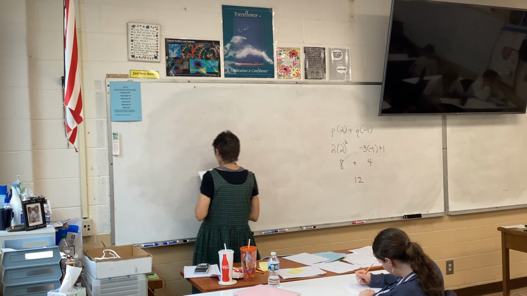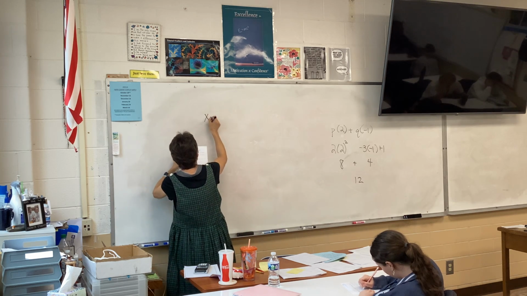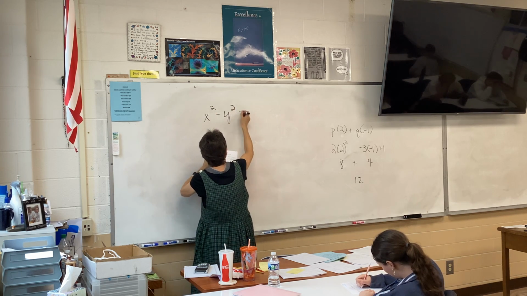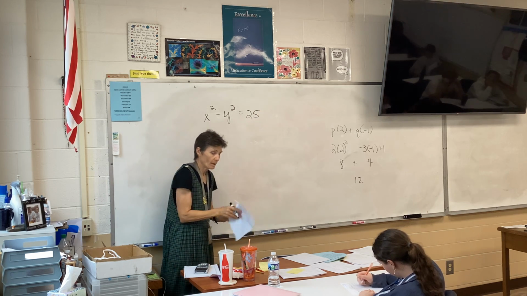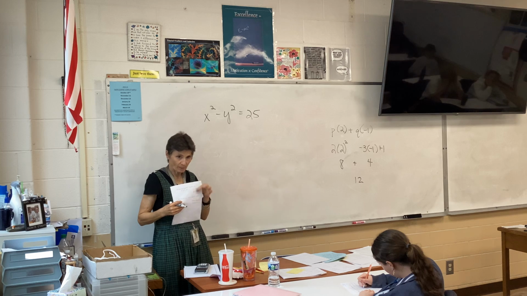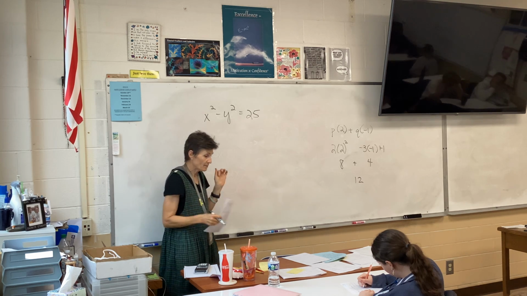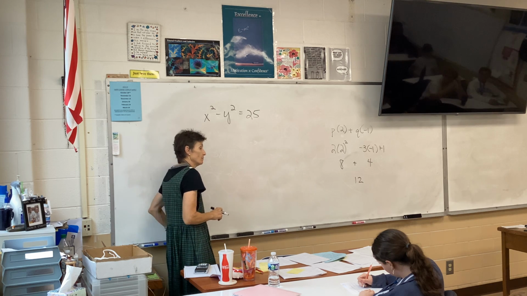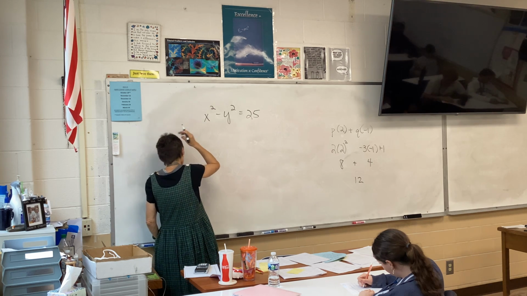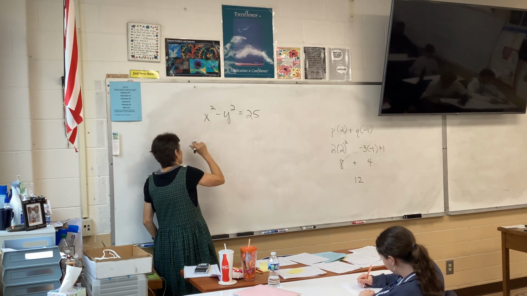Find the implicit functions for this. I gave you a huge hint here, answer blanks over here. What do we need to do? Yeah, we need to get y by itself. Now, please, be careful.